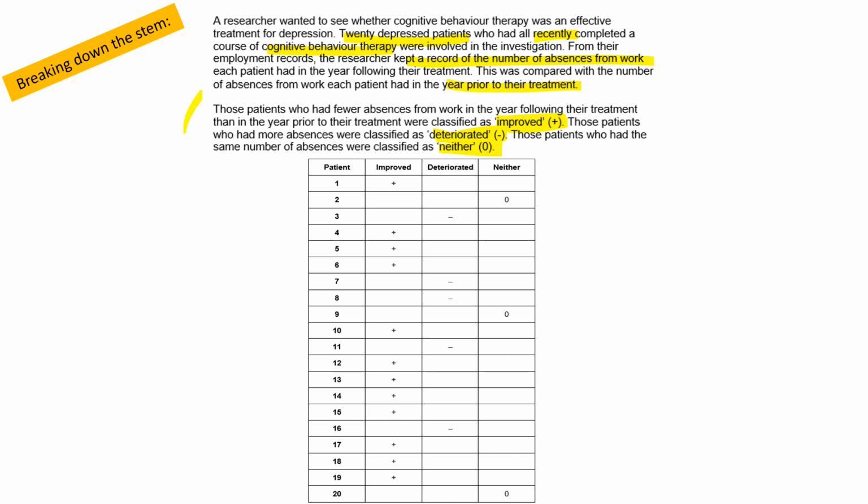So all of this information in the second paragraph is represented within the table. So we've got 20 patients, some have improved, some have deteriorated, and some have shown no difference. Now remember, in a sign test where there is no difference seen before and after or within the two conditions, we always represent that no difference with a 0.